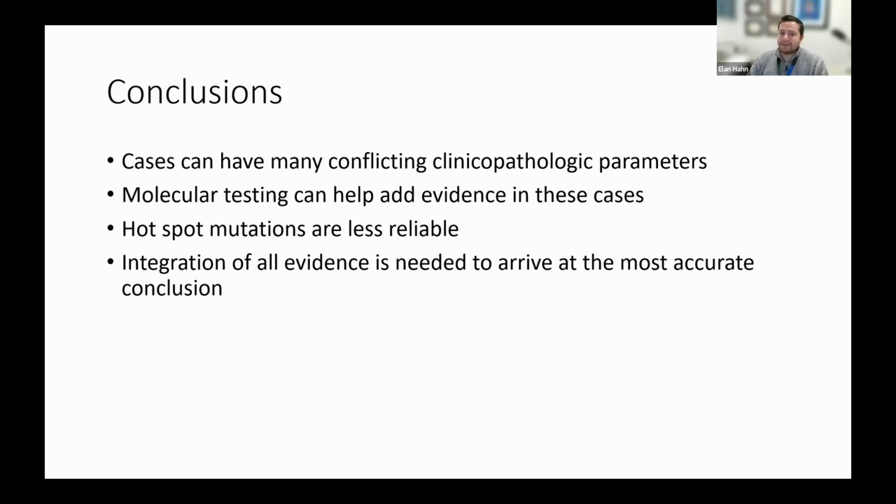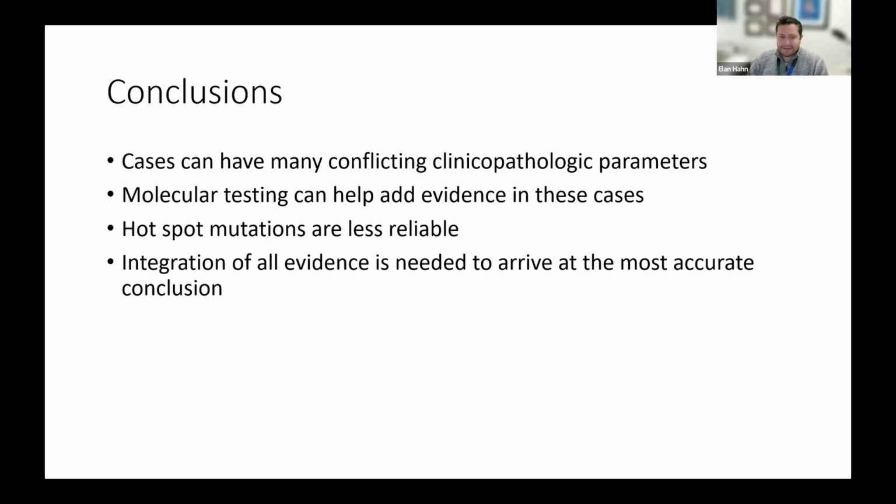In some cases, it could be the clinical picture. In some cases, it could be the morphology. In some cases, it could be the immunohistochemistry or molecular results. Molecular testing can help add evidence in these cases and push us one way or the other, as it's something slightly more objective. Hotspot mutations are definitely less reliable for an exercise like this.